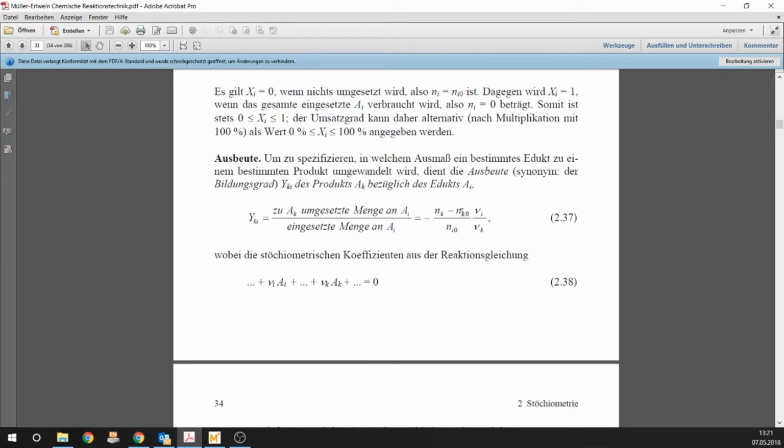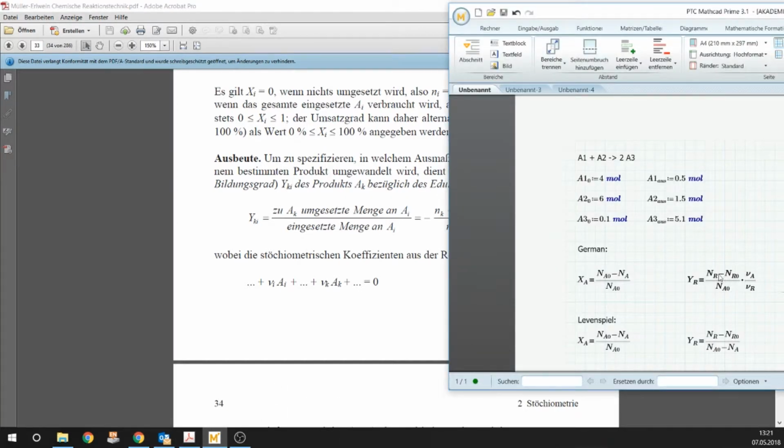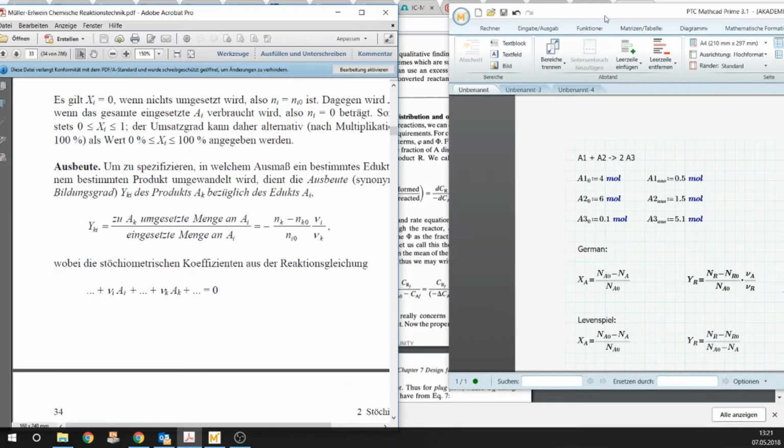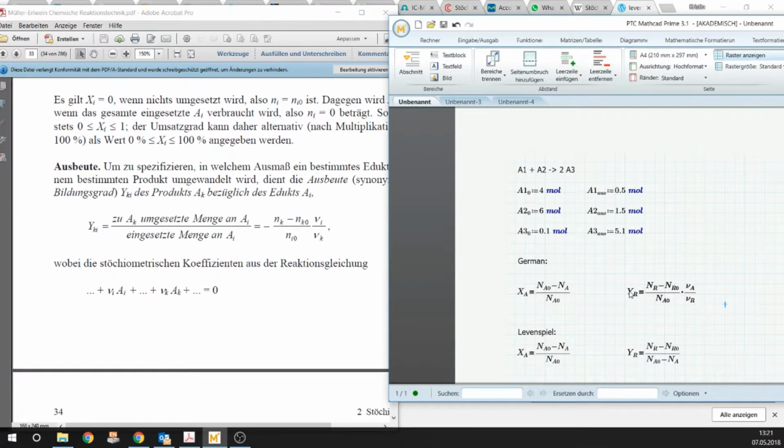We can see again here, this is the amount converted divided by the total amount of A used. And so this equation also matches what I have. So here the amount of product formed minus whatever is there initially divided by the total amount of reactant, here eingesetzte Menge, multiplied by the stoichiometric coefficients.